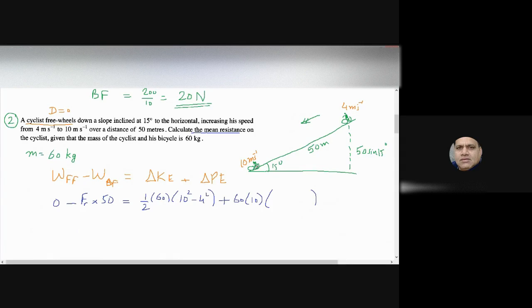H final, when it is at the bottom, the height is 0, minus the height here, which is 50 sine 15. And then the only unknown is Fr, which you can find easily. Fr will be equal to all this divided by minus 50. Automatically you will get the positive sign.